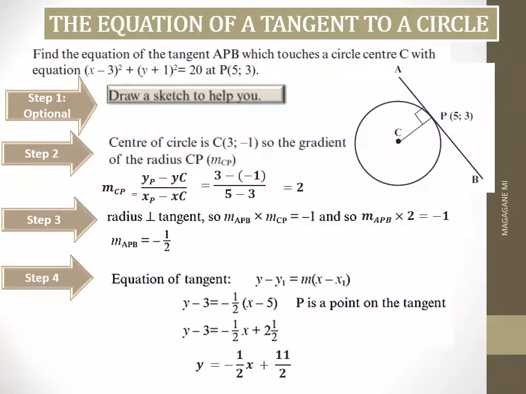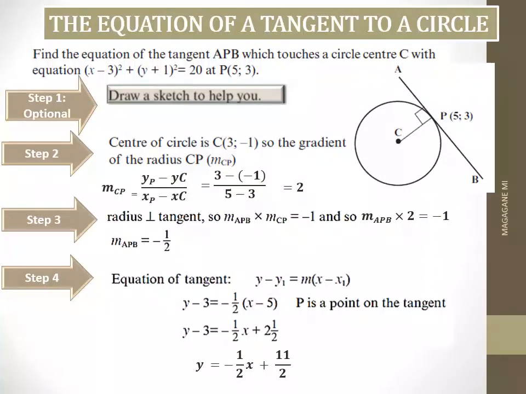Plus because we've multiplied by a negative, which is 2 whole number 1/2. Then our equation is y equals -1/2 x plus 11/2. So we take 3 to that side, then we'll have 11/2. So it's very, very important to do it step by step to solve this equation.